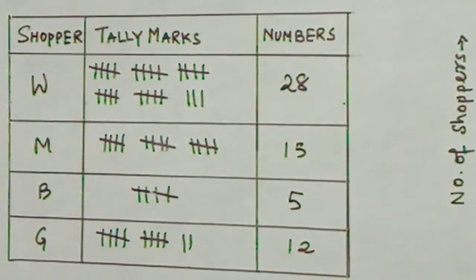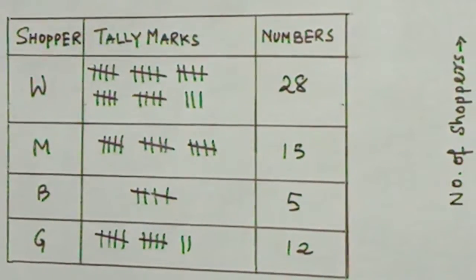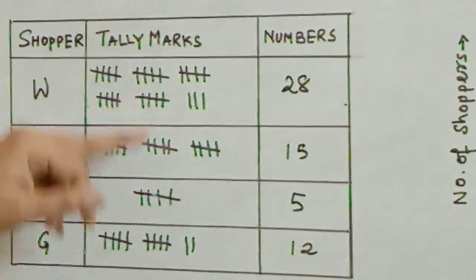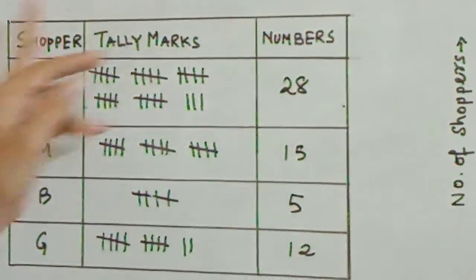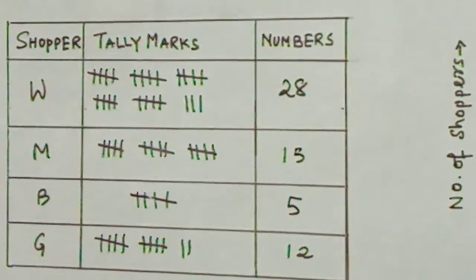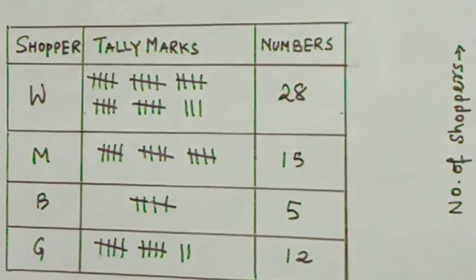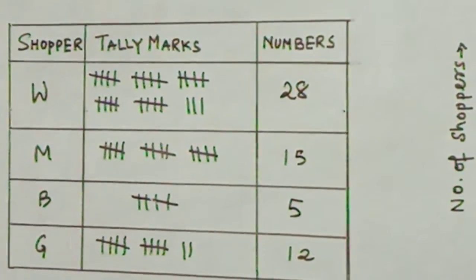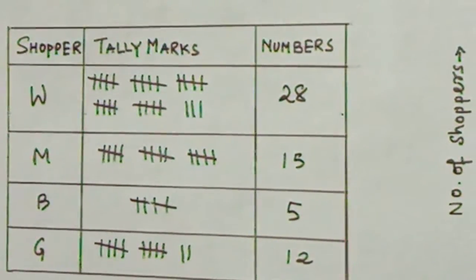So in this way you will get the frequency distribution table: shopper's name, tally marks and the numbers. These kinds of tables are known as frequency distribution tables. Now in the question it is given to draw a bar graph to clear the concept.